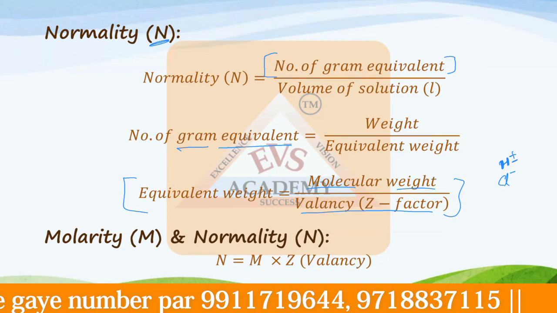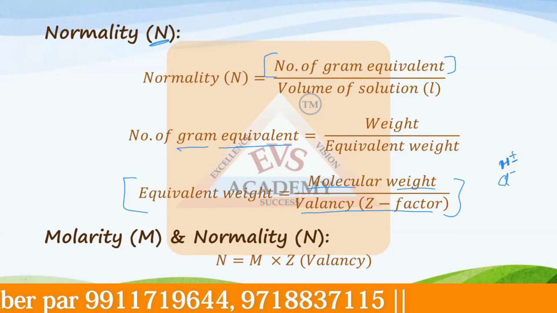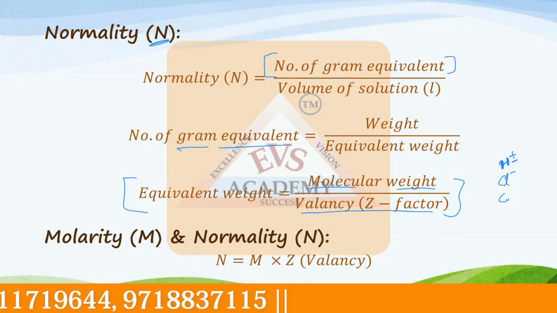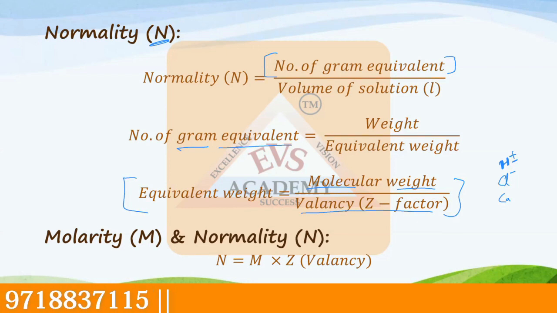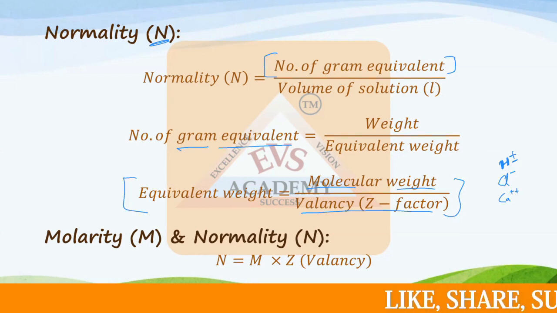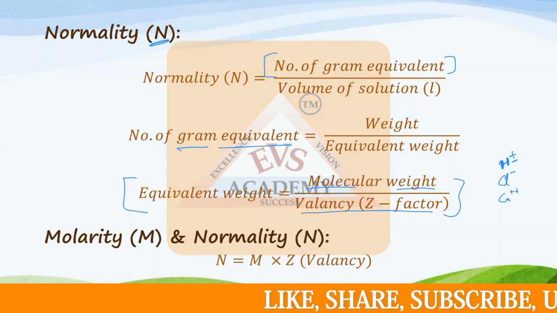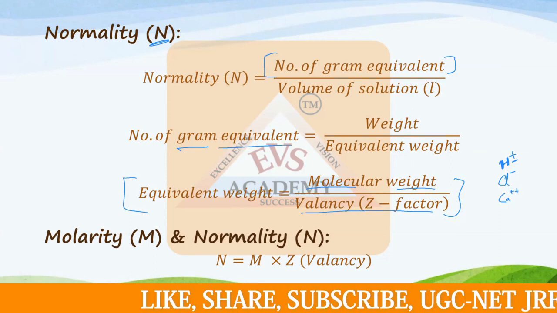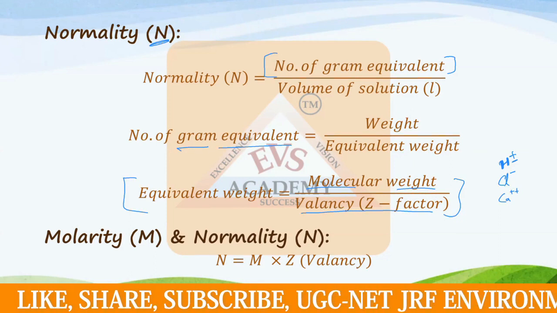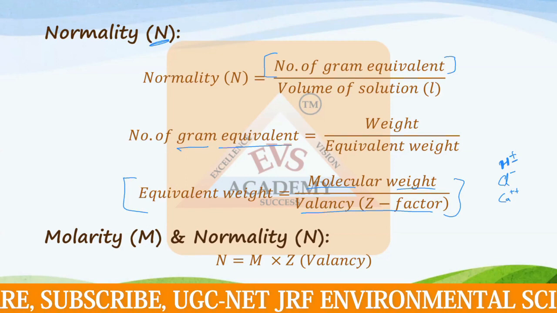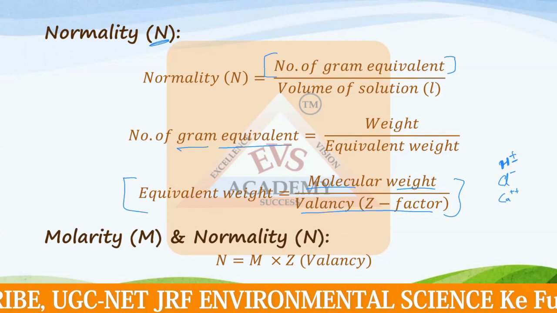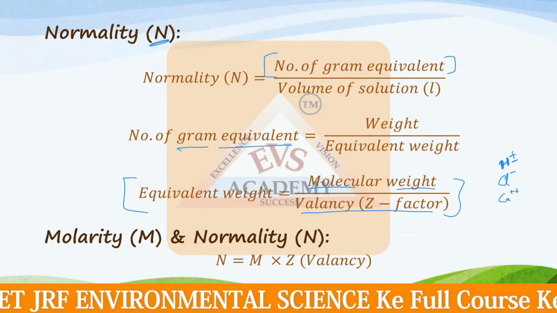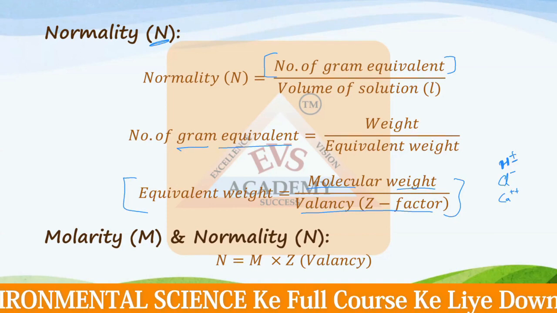That would be the valency of that particular element. If I take calcium, the calcium valency factor would be 2, because calcium can give 2 electrons to satisfy its octet composition. So that is the valency factor. This can be different for different elements, molecules, atoms or compounds. So this is how you can calculate the valency factor.